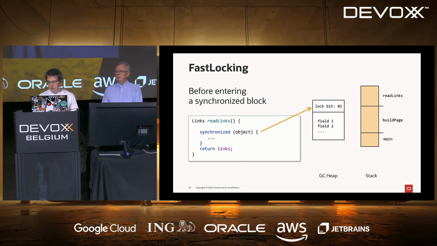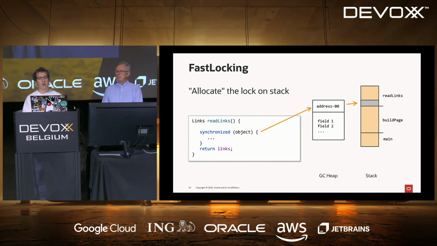And if you enter a synchronized block, then instead of having 0 and 1, you have a full pointer. And because the pointer is aligned on a 32-bit address, then you know that the 2 bits on the right are 0, 0, which means that you know that one thread has taken the lock.